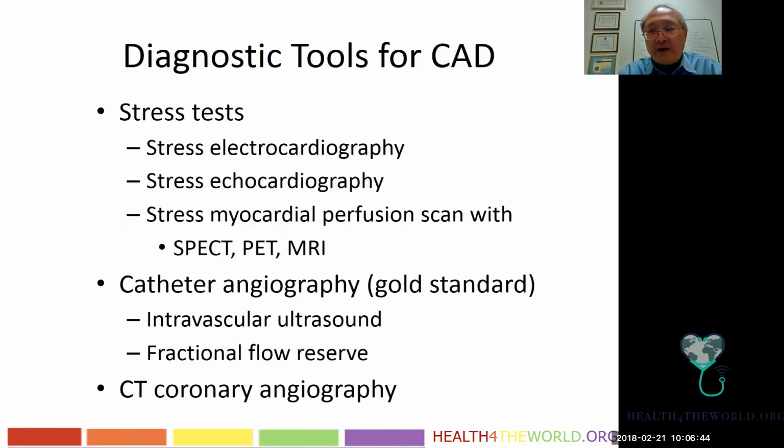Now, there are a large number of diagnostic tools for coronary artery disease developed over decades. We generally separate those that are angiographic in intent, and these are used to look at the stenosis and the coronary artery anatomy, versus stress studies. These are looking at the consequences of abnormal, reduced perfusion due to stenotic lesions.